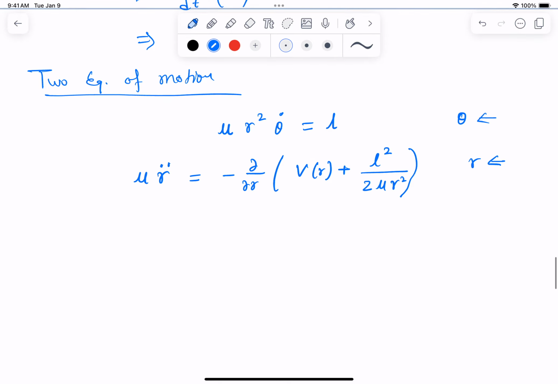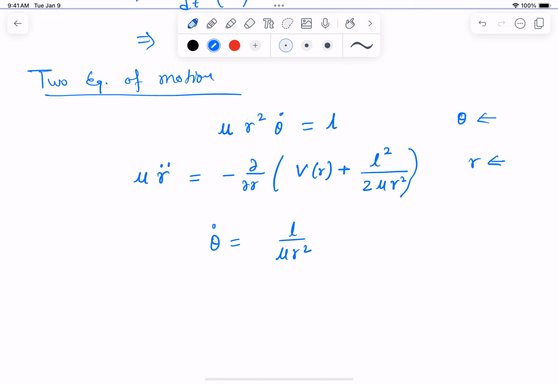So in principle what you need to do is solve the second differential equation in terms of r, and then you substitute it, and your theta dot can be written as L over mu r square.